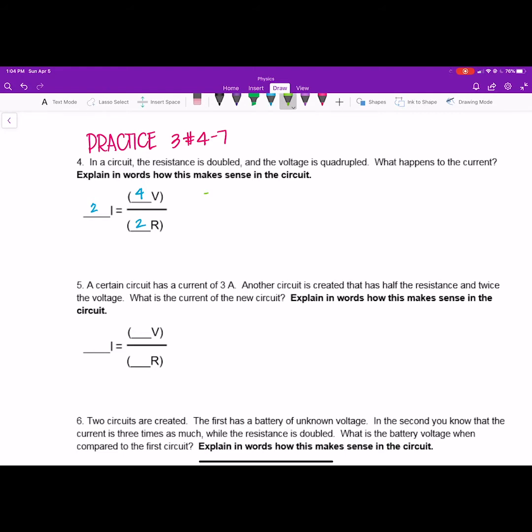Okay, so voltage and current are directly related. And so when volts increase, current is going to increase the same amount. Resistance and current are inversely related.